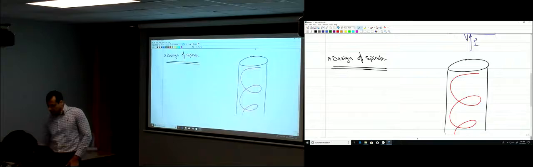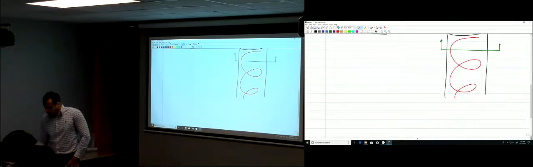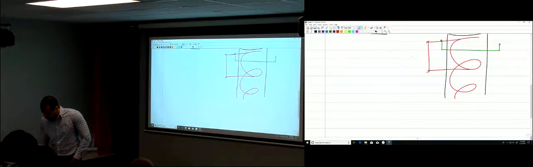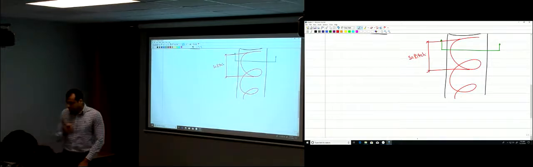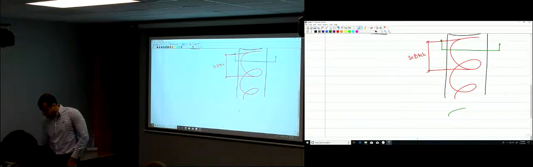If I take a cross section here, the length over which this spiral repeats itself is S, the pitch. The cross section will look like this.